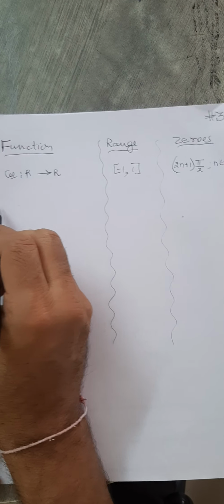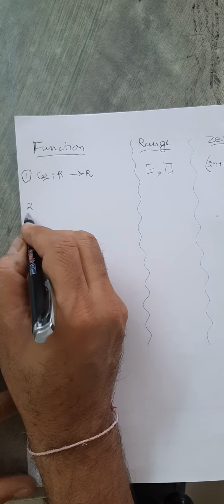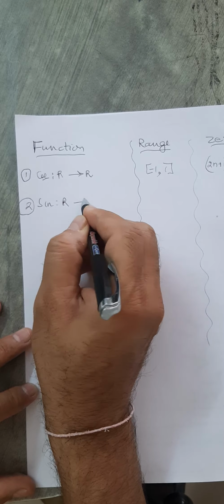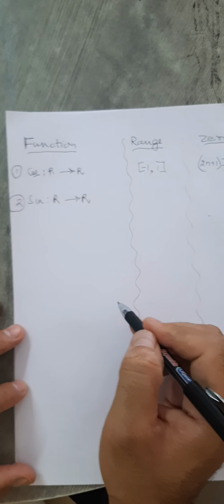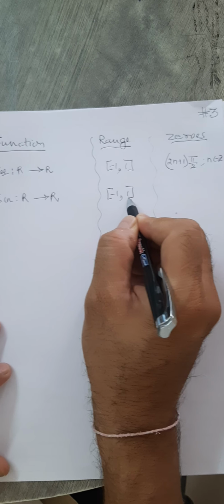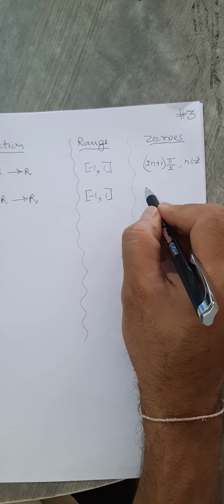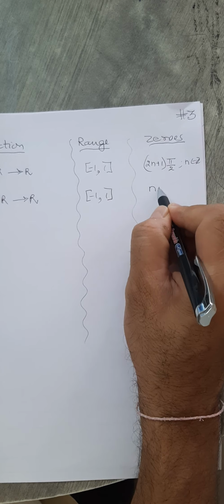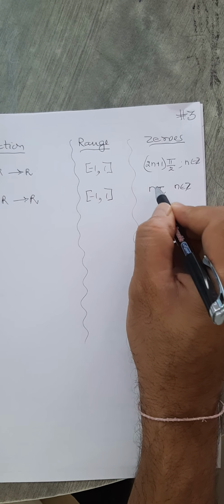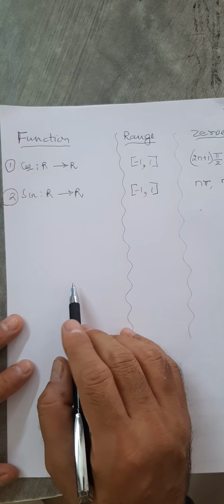Second function, which is sine. Sine is again a function from real numbers to real numbers. Range is closed interval -1 to 1. And here, zeros is n pi. Again I'm saying zeros means values of angle for which sine becomes 0.